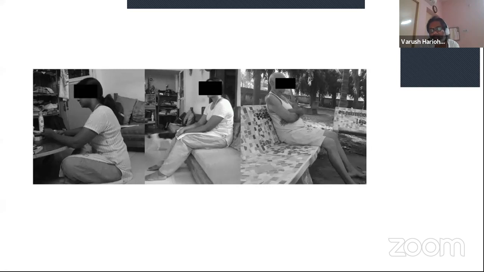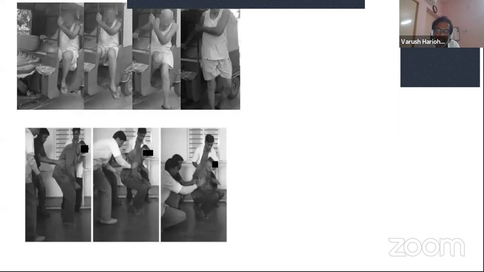Because when you are talking about management, what you mean by management is that if you can sit and stand from all these things, then only you can say that you have rehabilitated. And the other thing we were talking about is asymmetry and things like that, right? This is what Prakash was also talking about.